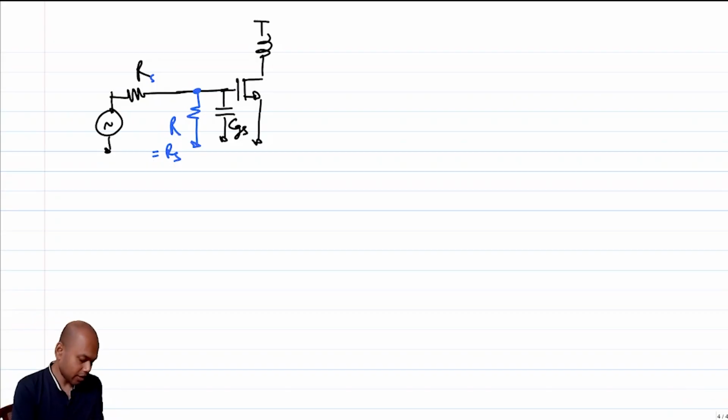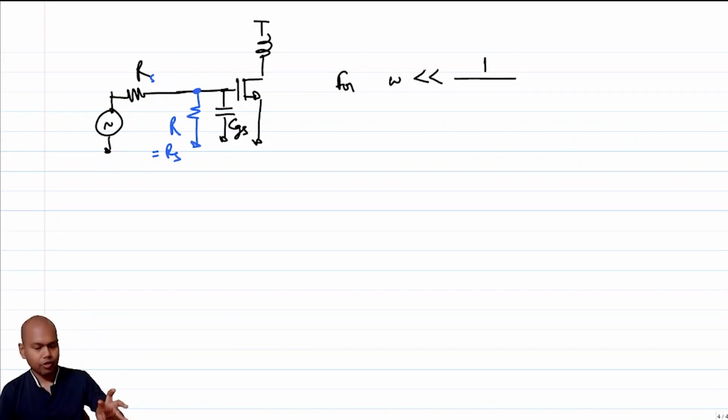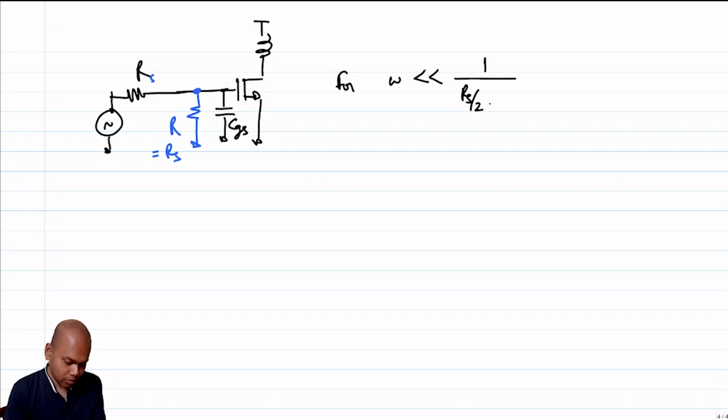So as long as omega is much less than 1 over the equivalent resistance seen across the CGS, which is RS by 2, so RS by 2 times CGS, right?